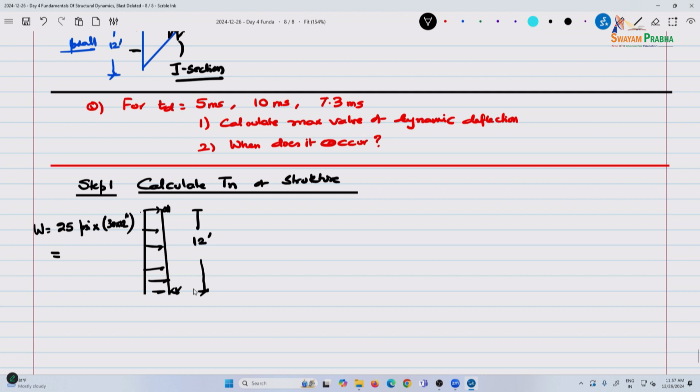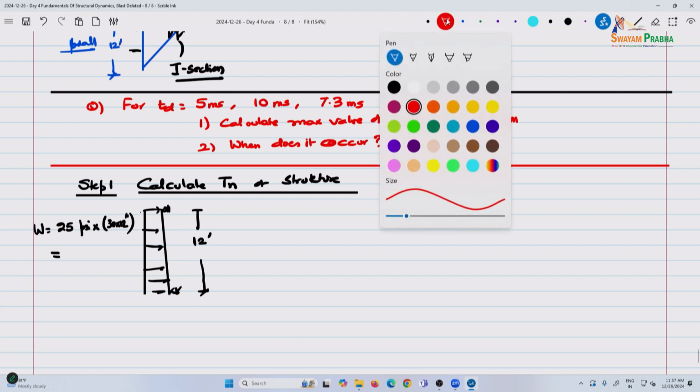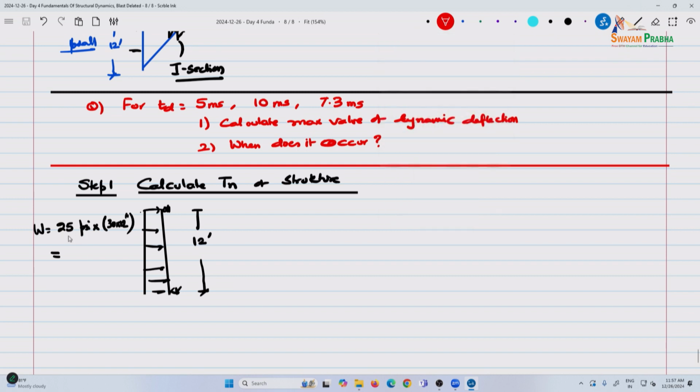So I don't think if we need that, but yeah, we will need it. But does anybody have that number? 25 times 360. Let's even divide by 1,000. How much? 9.